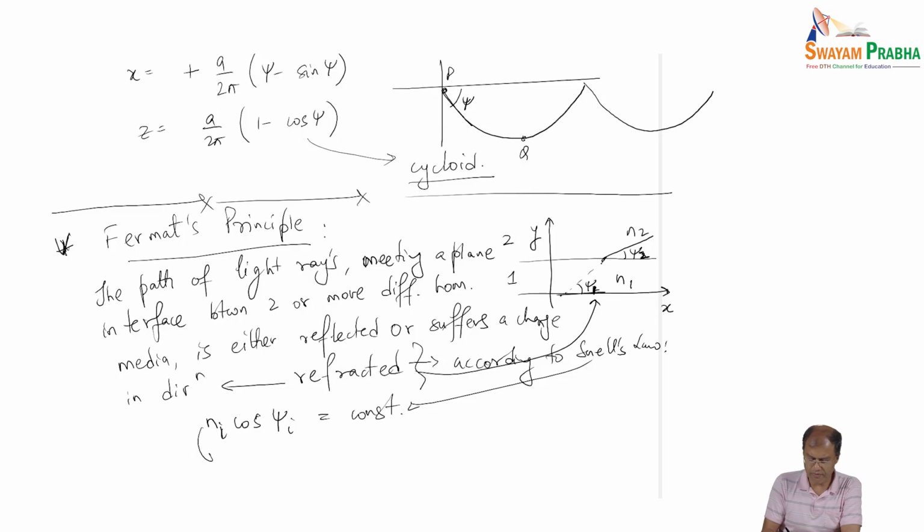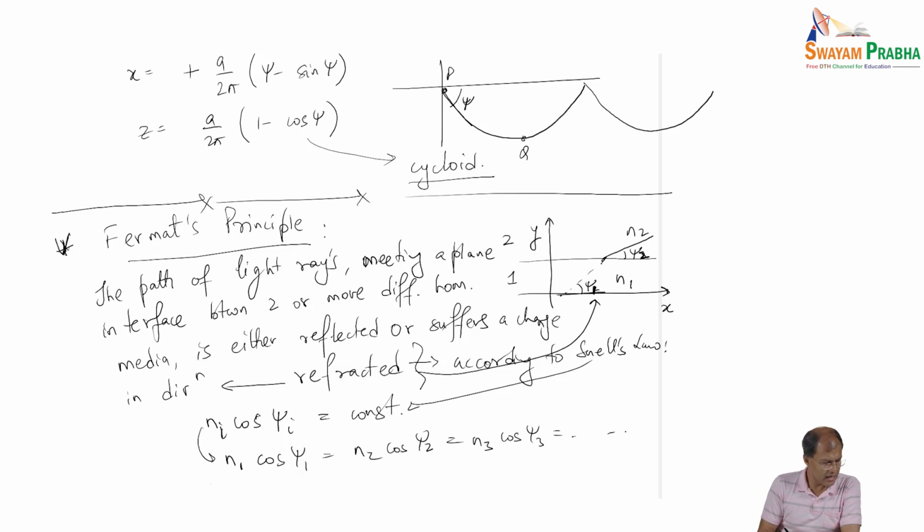Or in other words, if we were to write the statement of Snell's law, then n1 cos psi 1, which is the angle of refraction, is n2 cos psi 2, is n3 cos psi 3, and so on and so forth.